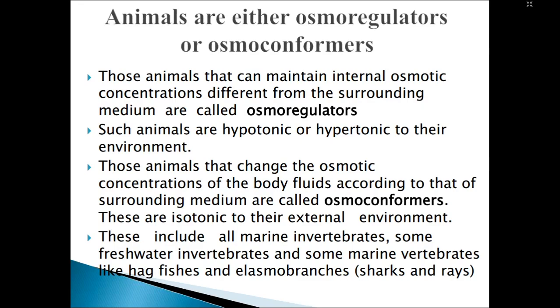It means the internal environment and external environment are the same. Iso means same. So if the concentration on both sides, inside the cell and outside the cell, is the same, then this is called isotonic, and these conditions are called osmoconformers.